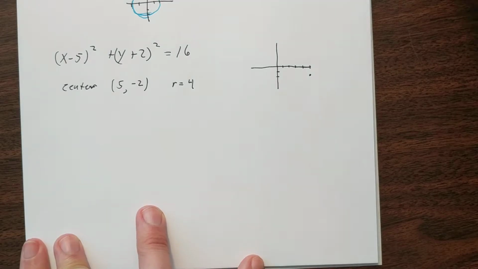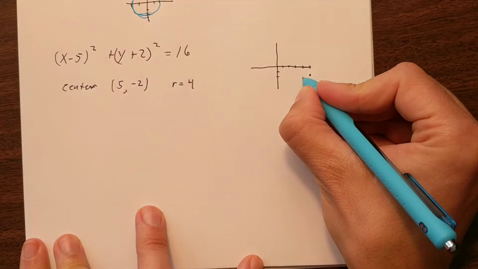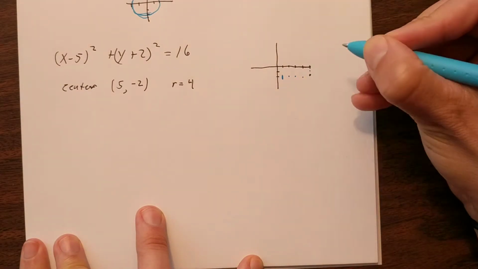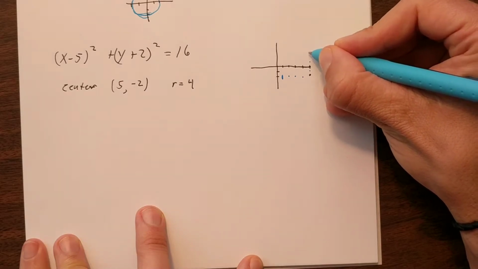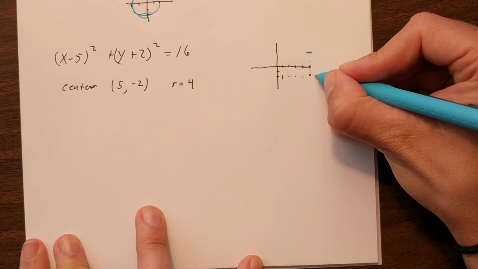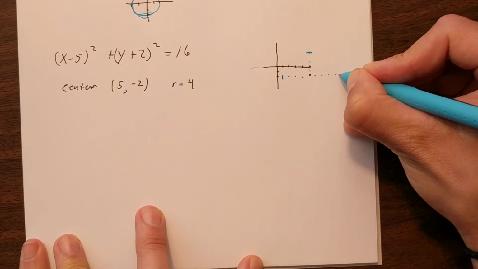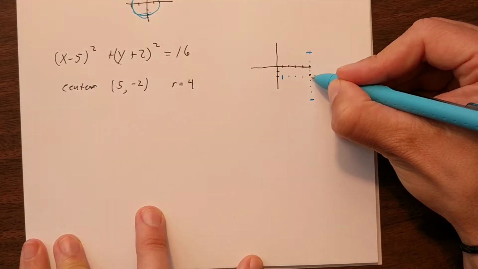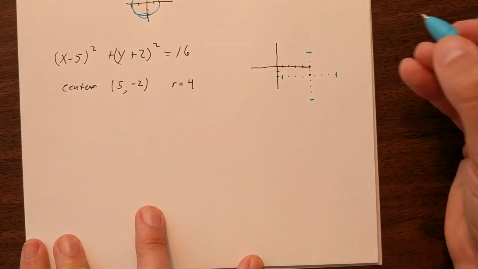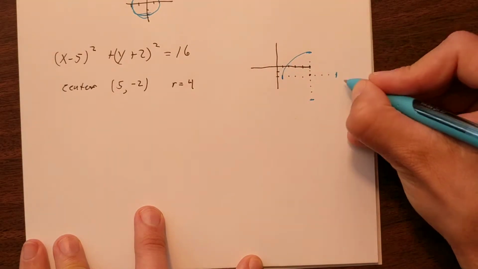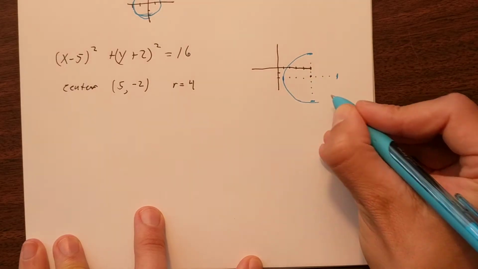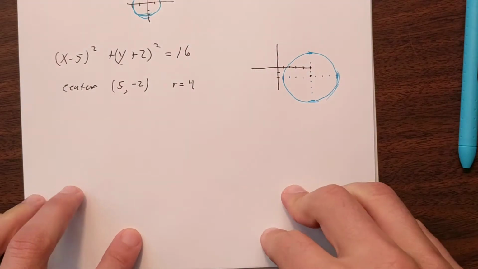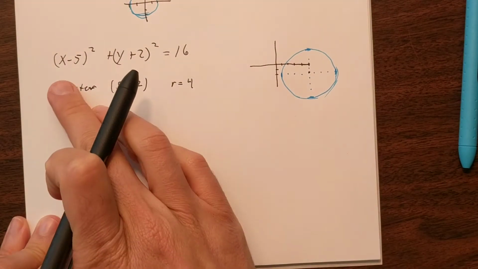So from this center, we're going to go 1, 2, 3, 4, up, down, left, and right, the radius of 4. And now we're ready to actually graph this. And there we go. There's our circle. So graphing circles is relatively easy once they're in standard form.